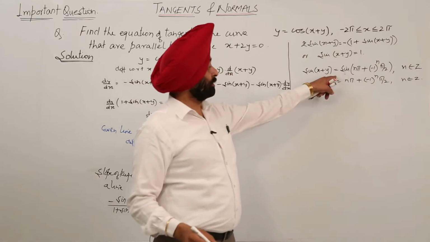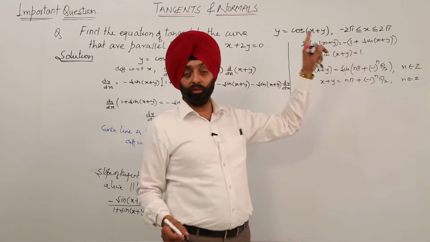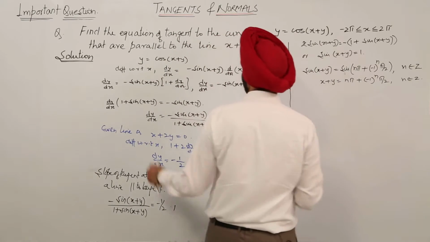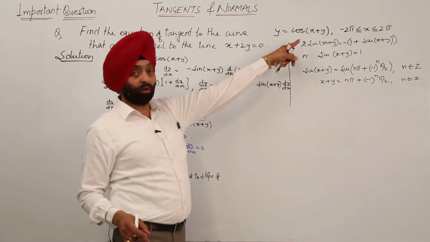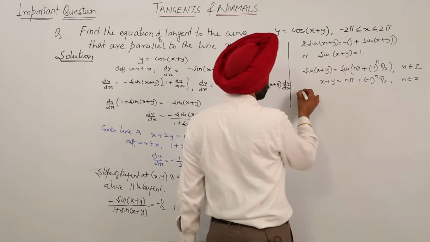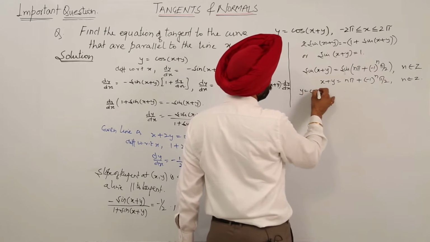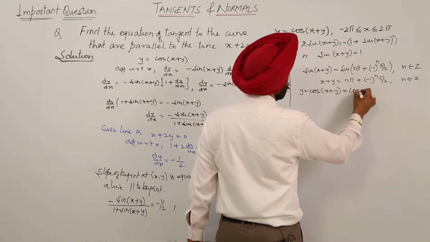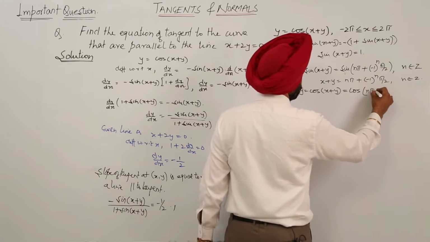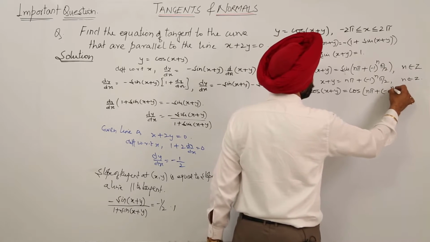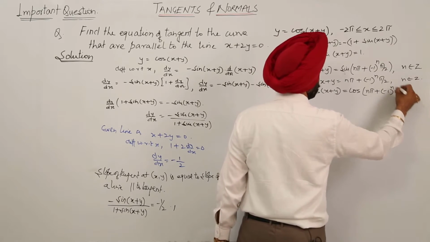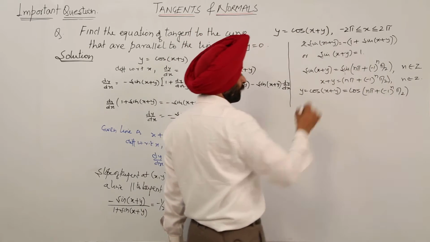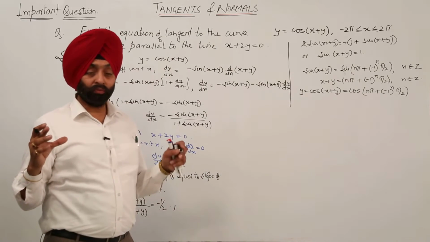So this part I have taken from the equations which you have done in class 11th. Now in the question we have y = cos(x + y). So we can write y = cos(nπ + (-1)^n π/2). Now what will y be?